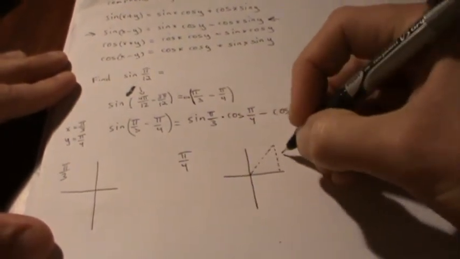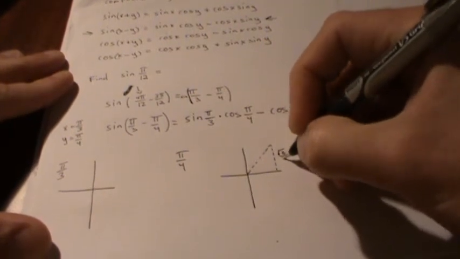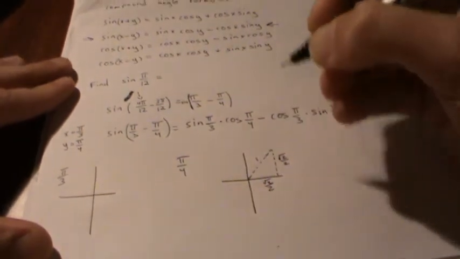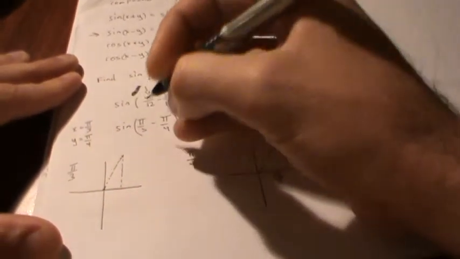Pi over 4 tells me that it's square root of 2 over 2, square root of 2 over 2, 1. Pi over 3 is the square root of 3 over 2 and 1/2, and this is 1.